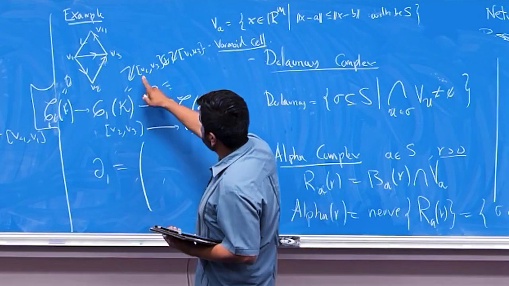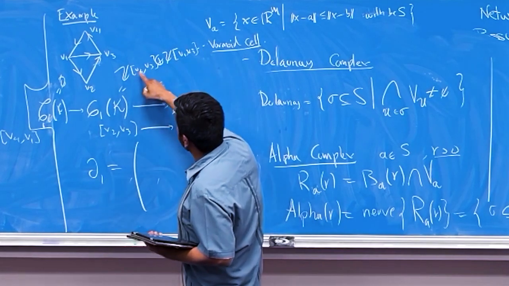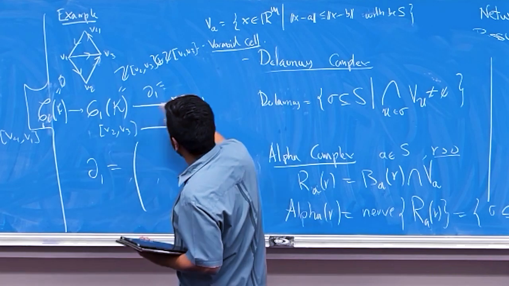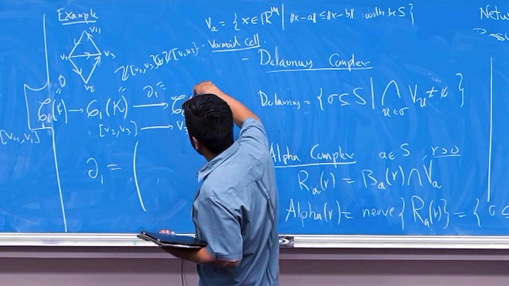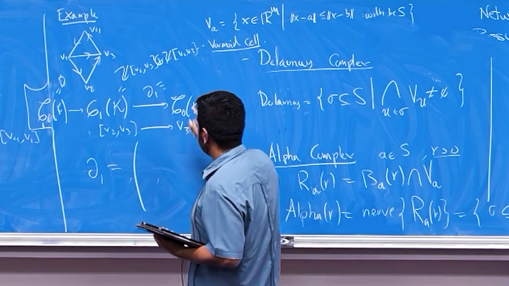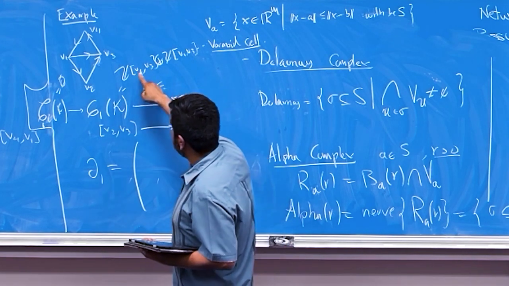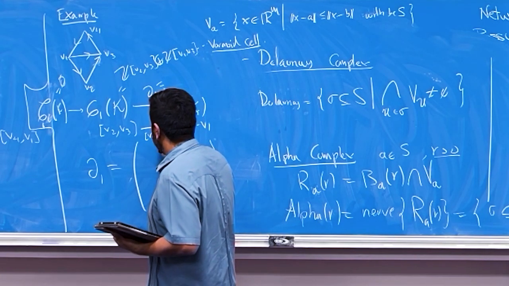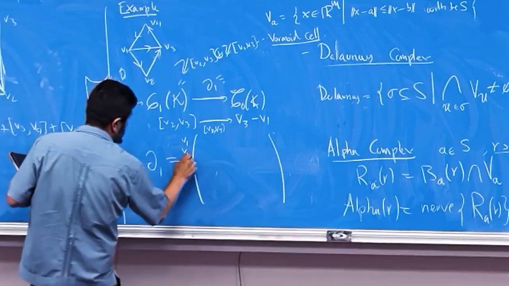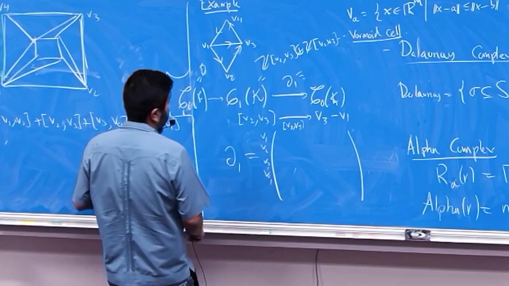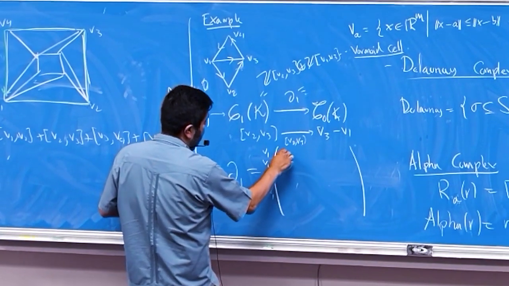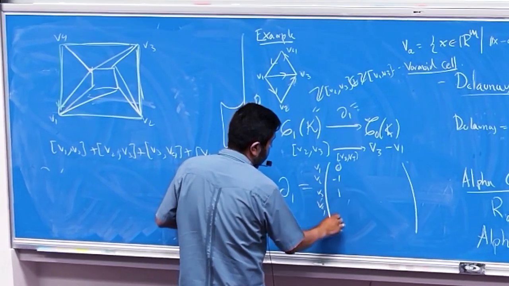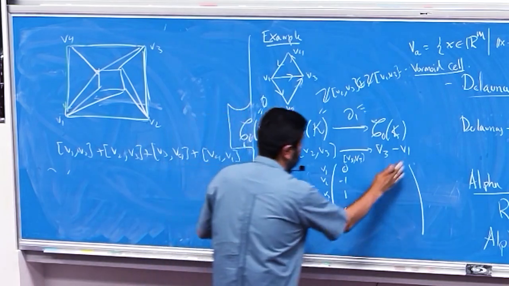An element here looks like a linear combination of these edges, so you use the coefficients to decide what kind of element you are going to get. You create a matrix with the coefficients of v2v3 here, and here you write v1, v2, v3, v4, and you write 1, 0, 3, and -1, 0, something like that.